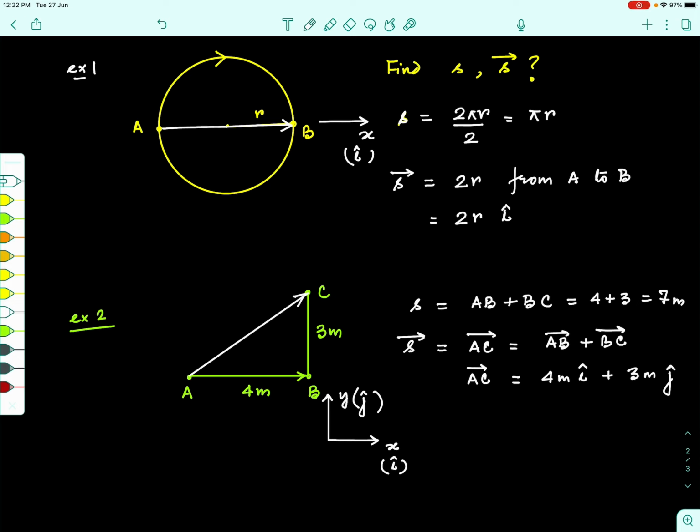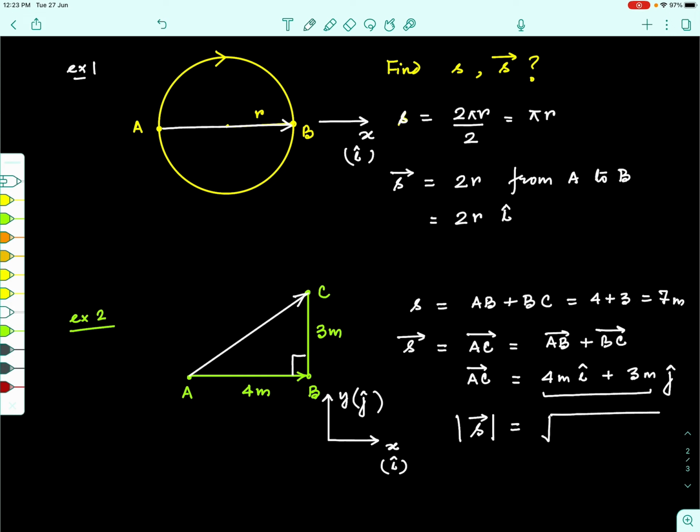Now we can go a step further and try to find out the magnitude of the vector S. This comes from understanding that if a vector is given in its rectangular component form, its magnitude can be easily found by using the Pythagoras theorem. Here, the length AC is nothing but the hypotenuse of this right angle triangle ABC that we are getting here.